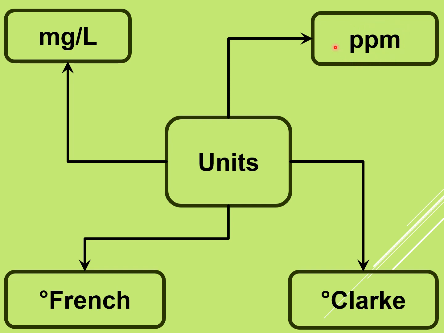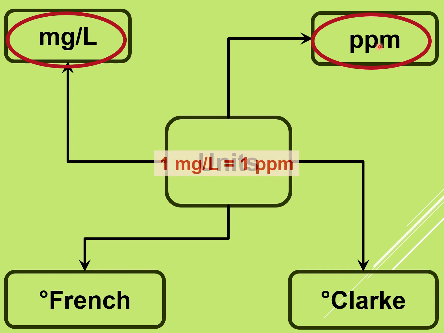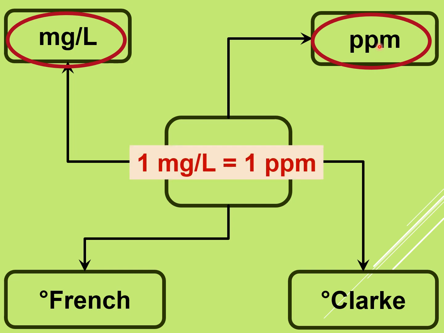Commercially, hardness is reported in ppm, and the relationship between milligram per liter and ppm is that both are equal. 1 milligram per liter is equal to 1 ppm. So even if you use milligram per liter or ppm, it is the same, but generally hardness is expressed in ppm.